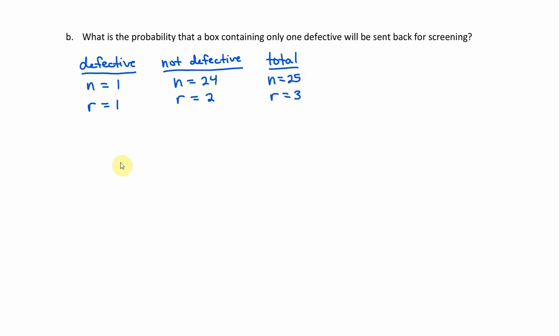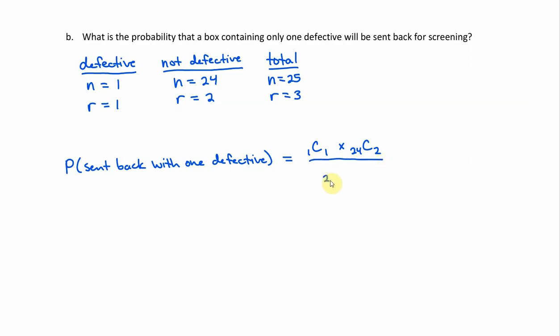So we should be able to put this together. So probability of sent back with one defective will be 1 choose 1 times 24 choose 2 over 25 choose 3.